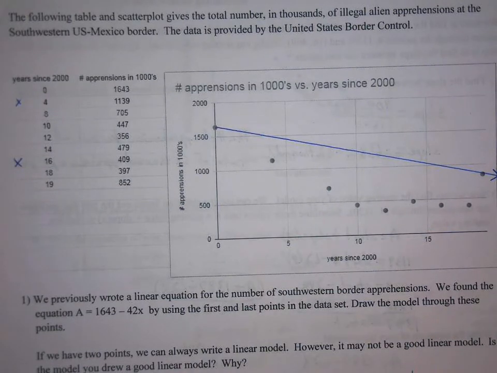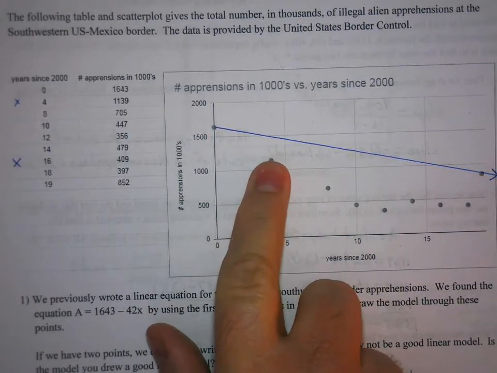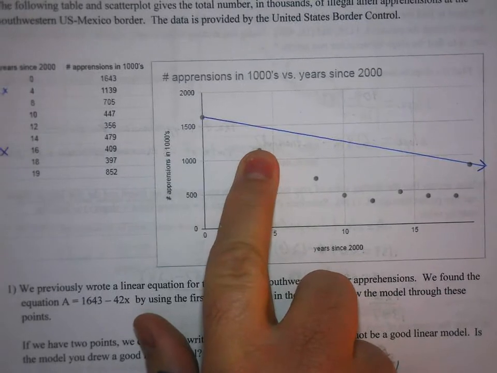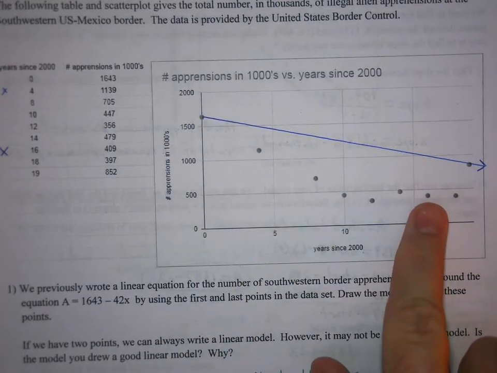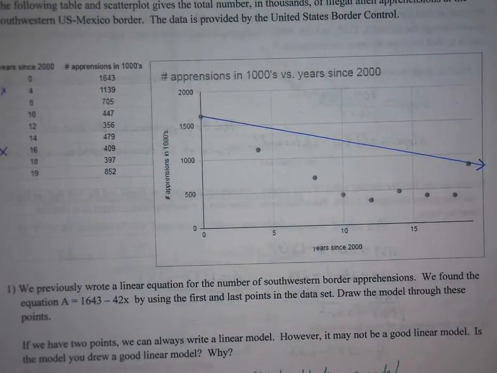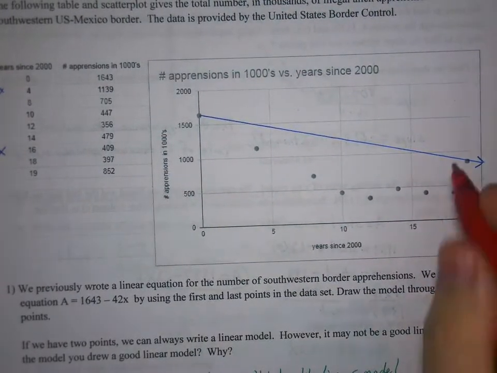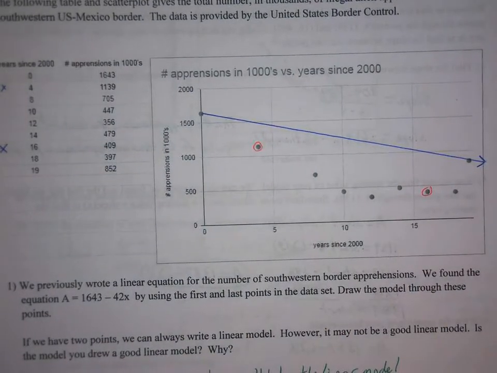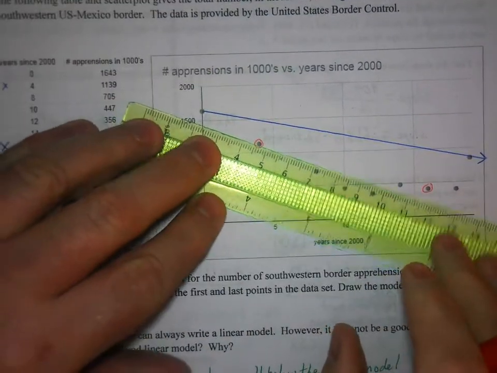That's the second point on the scatter plot. And then the 16, 409, that's this point right here. So I'll just highlight those in red, this point and this point. And we'll draw a linear model through those points.